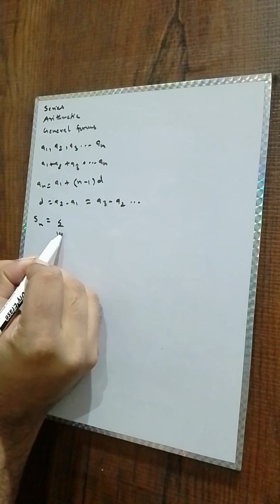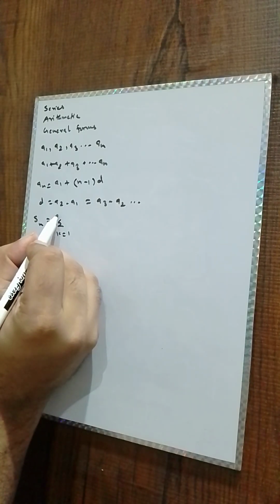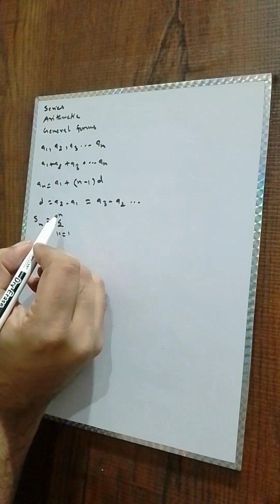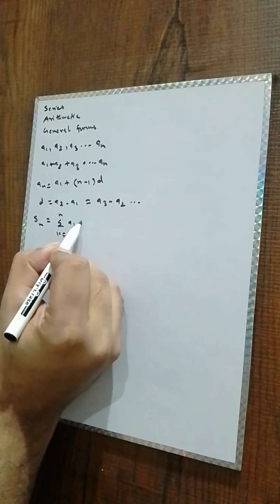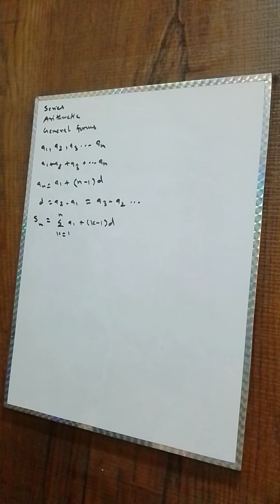Summation k is equal to 1 up to n of a1 plus k minus 1 into d. This is the general form for summation.